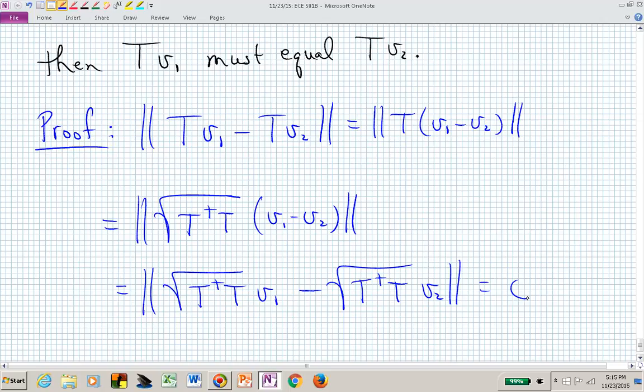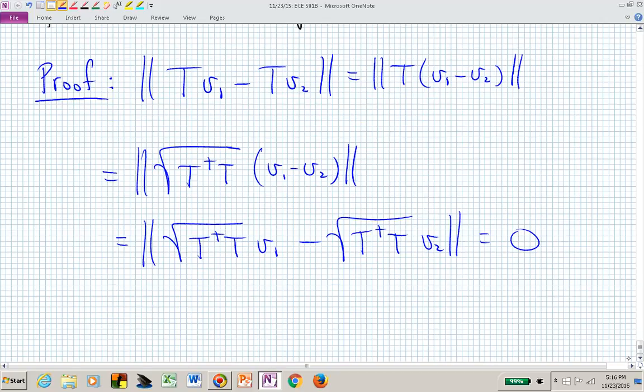So this norm better be 0, which now allows us to say that the norm of the first expression is 0, which now says that Tv1 is equal to Tv2. So that proves our uniqueness.